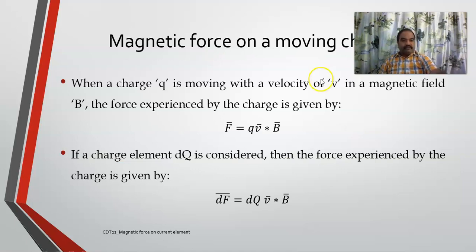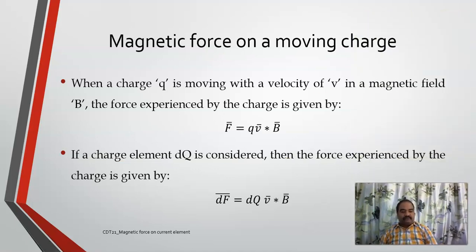So first, I will start with a quick review of magnetic force on a moving charge.